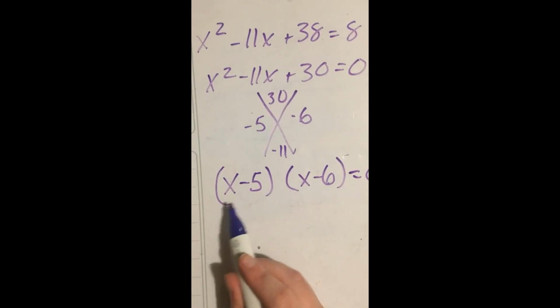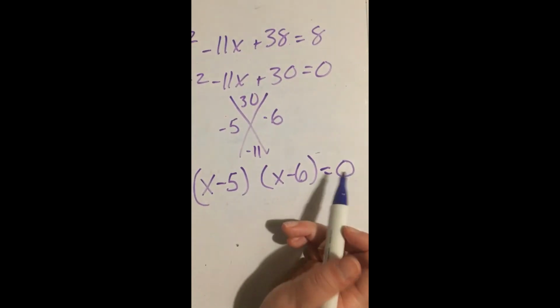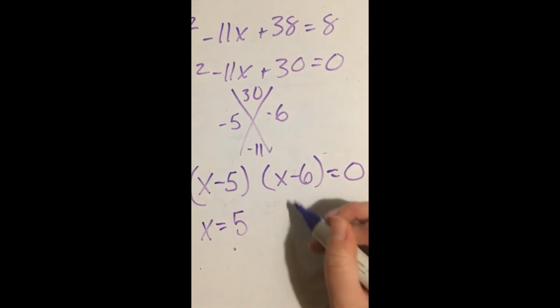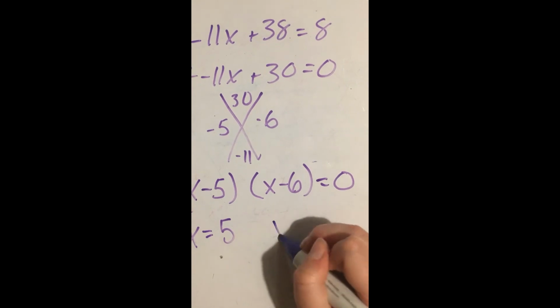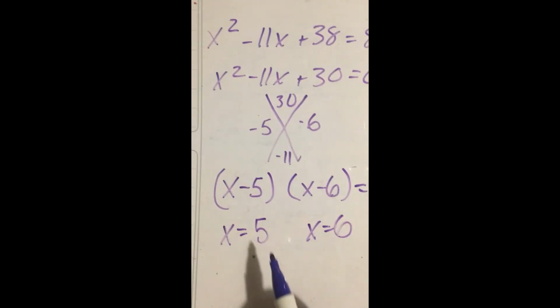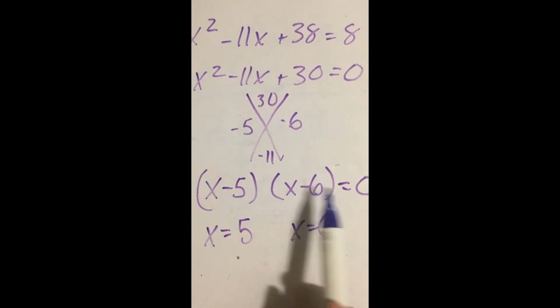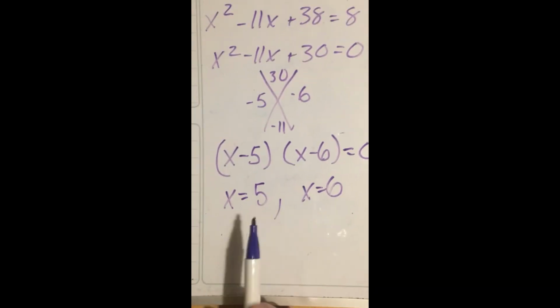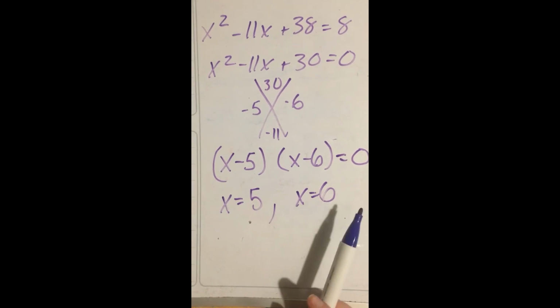Solving x minus 5 equals 0 gives x equals 5. Solving the other part equals 0 gives x equals 6, because 5 minus 5 equals 0 and 6 minus 6 equals 0. So here you go, x equals 5 and x equals 6.